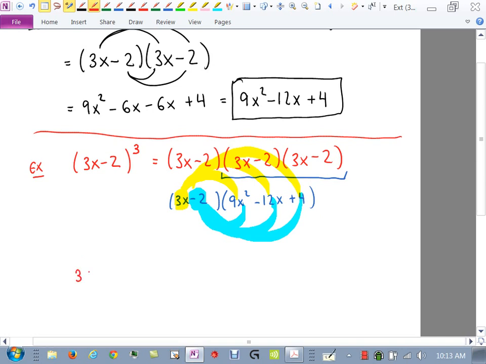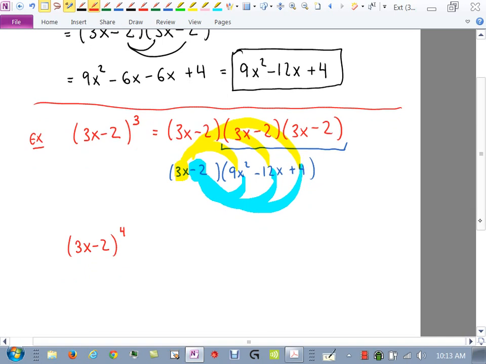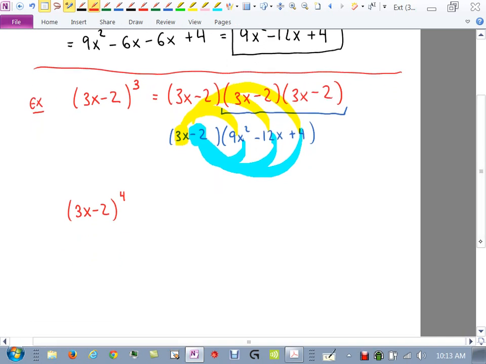Okay, let's see. What would 3x minus 2 to the 4th be? Well, that means 3x minus 2 times 3x minus 2 times 3x minus 2. Another one? 3x minus 2. It's torture. Any ideas on what to do?